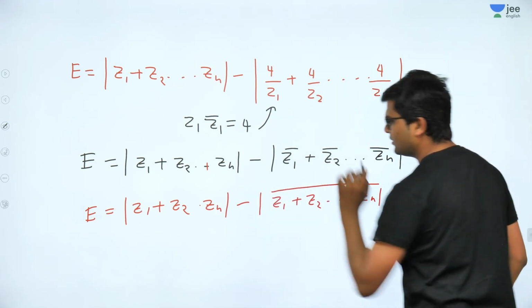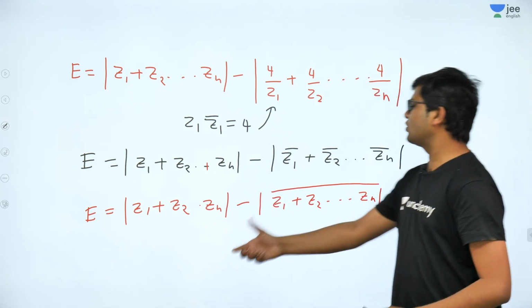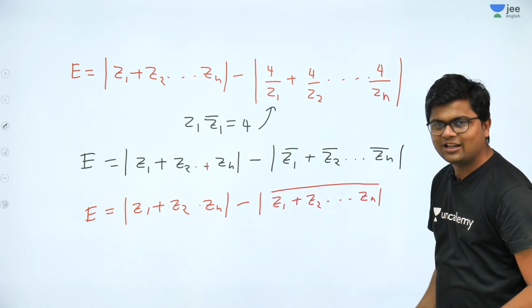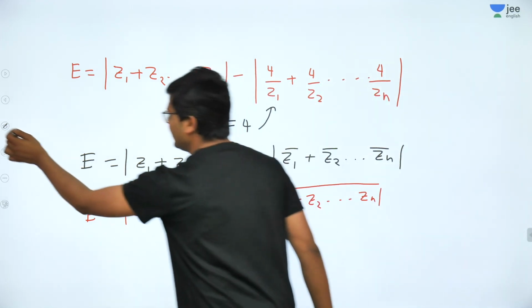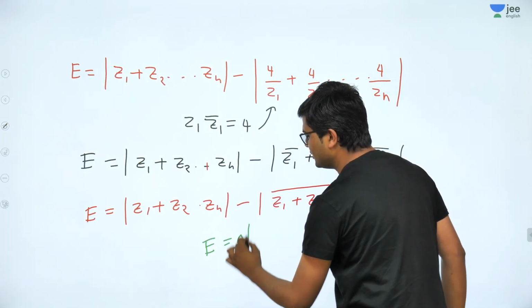Now, a complex number's modulus and its conjugate's modulus are equal. Therefore, the value of E will come out to be 0.